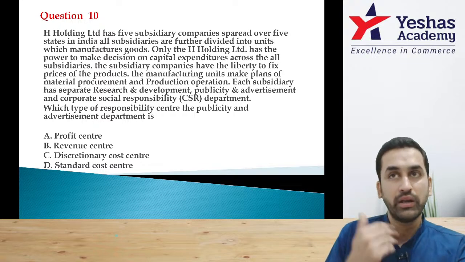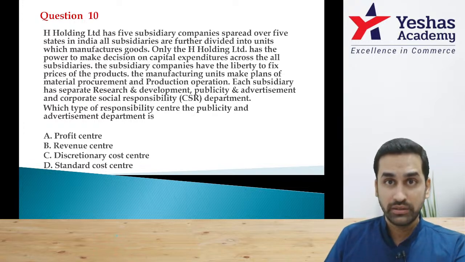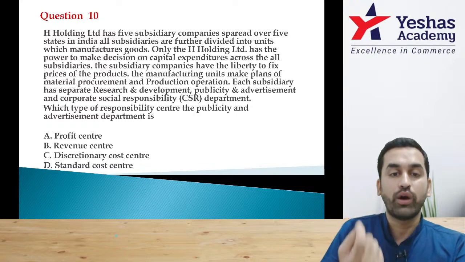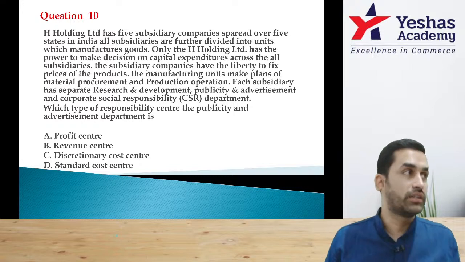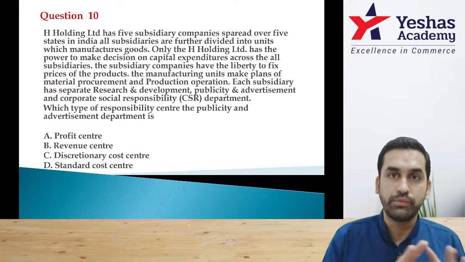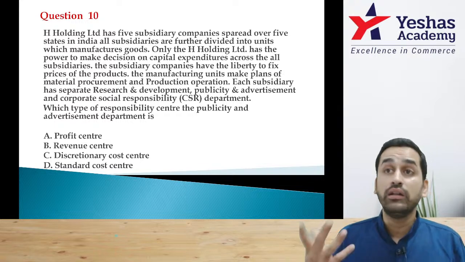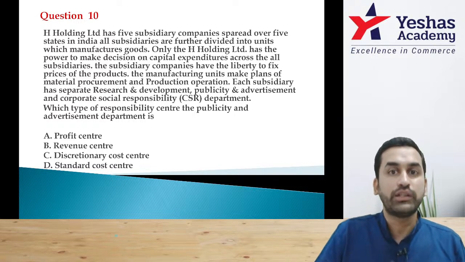You don't want to spend, you can avoid it. Correct? But if it is a committed cost, then understand you have to pay. There is no question of whether you want to pay or not. If I have signed a rent agreement, rent is not my discretionary cost. I have written in the agreement that I'll not vacate this building for the next 12 months. Even if I vacate, I will still be paying the rent. Now it's no more discretionary. Discretionary means something is at my choice.